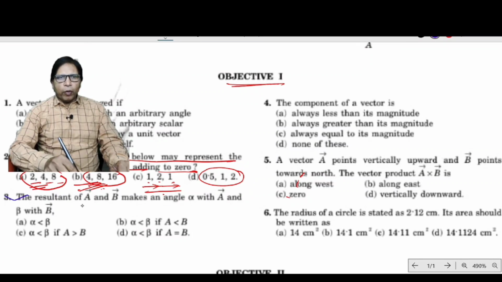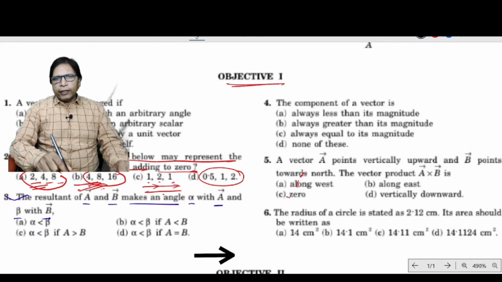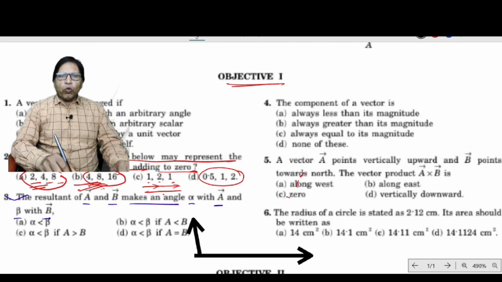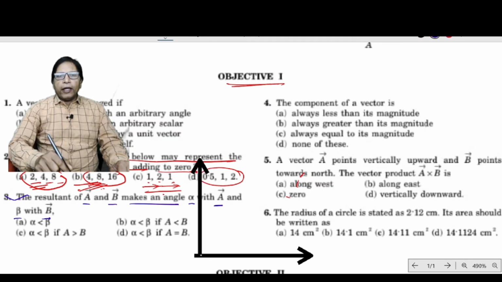The resultant of A vector and B vector makes an angle of alpha with A vector and beta with B vector. Then which are correct? Suppose this is the x-axis, this is the y-axis, this is the resultant vector r.